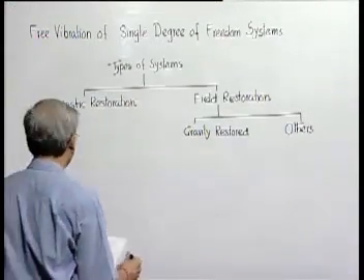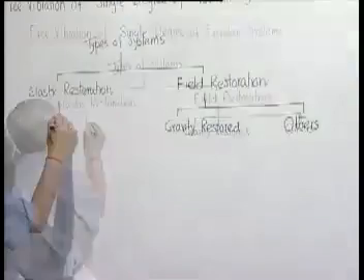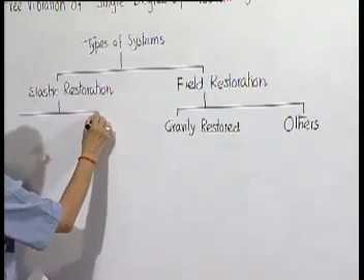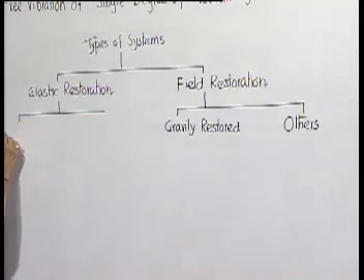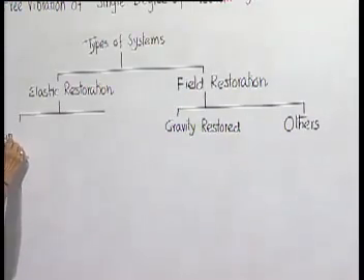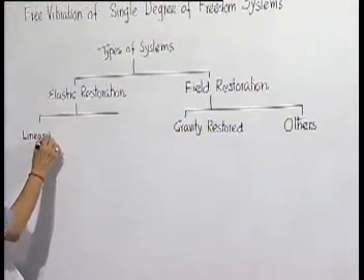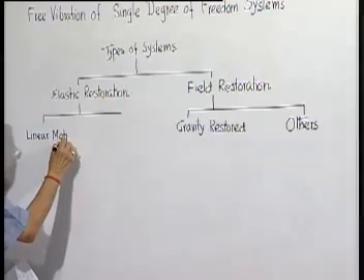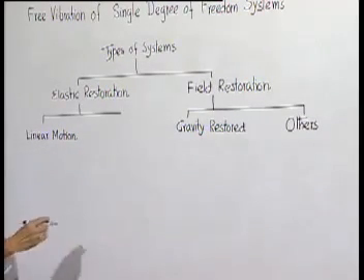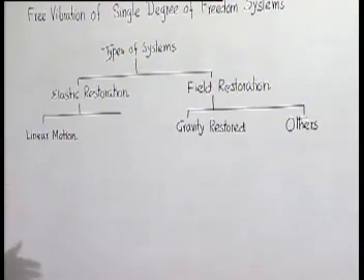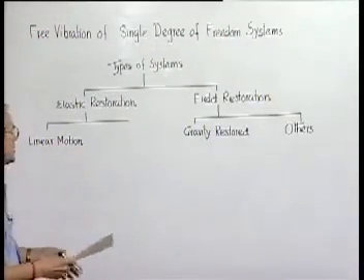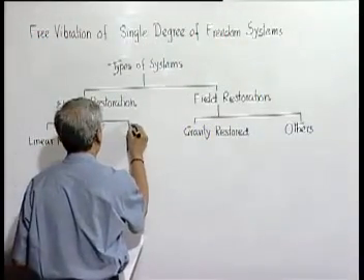In both cases, you will find that the oscillation can again be classified into two groups based on the geometric nature of motion. That is linear motion, which means that the mass moves in a straight line, or angular motion.